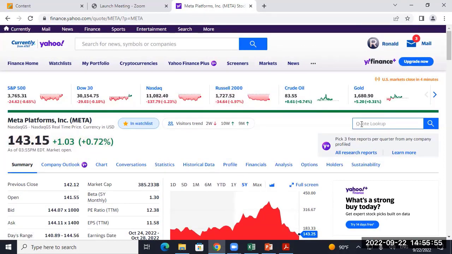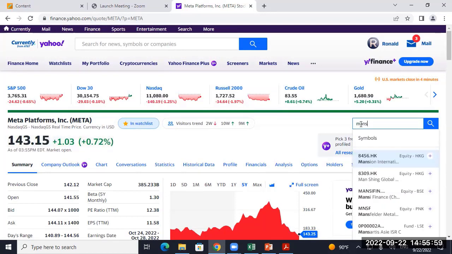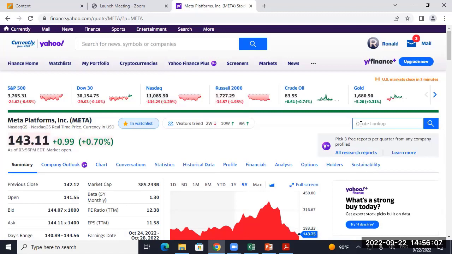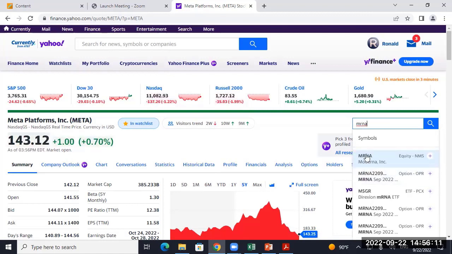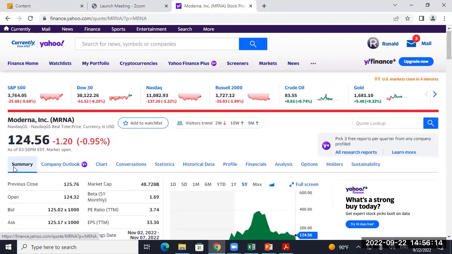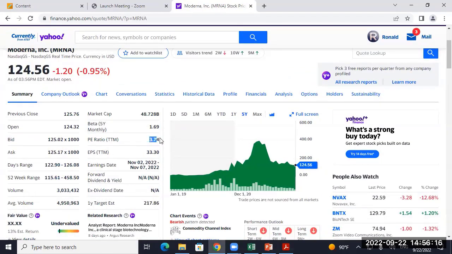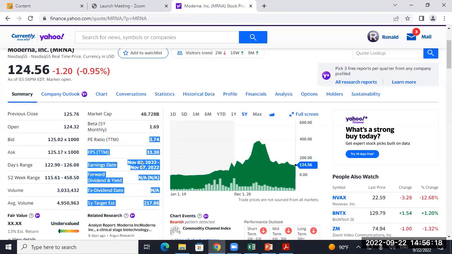Well, I'm trying to think of some exciting company. Moderna. I'm trying to remember. I was getting my M and R mixed up. So Moderna, PE ratio 3.